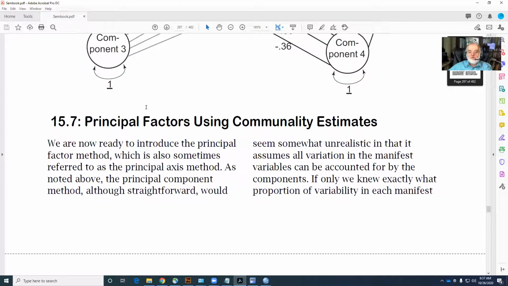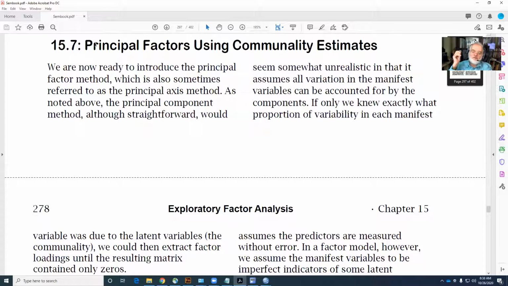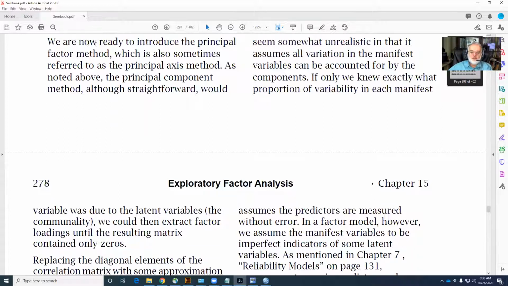So what we're going to do now is, instead of having 1s on the diagonal, we're going to stick in a communality estimate. We're going to stick in a number from 0 to 1 that indicates the proportion of variance in the manifest variable that is due to the latent variables that are responsible for the phenomenon.